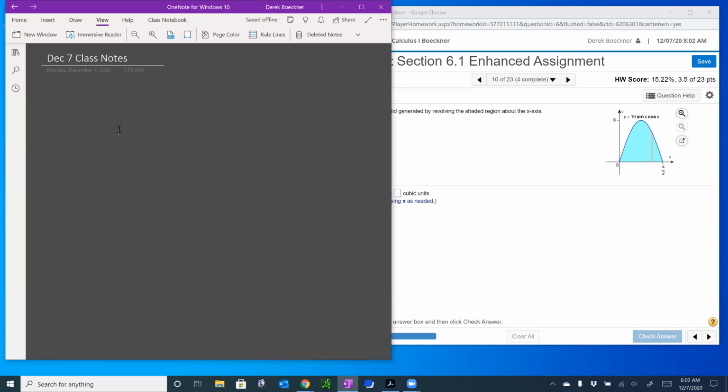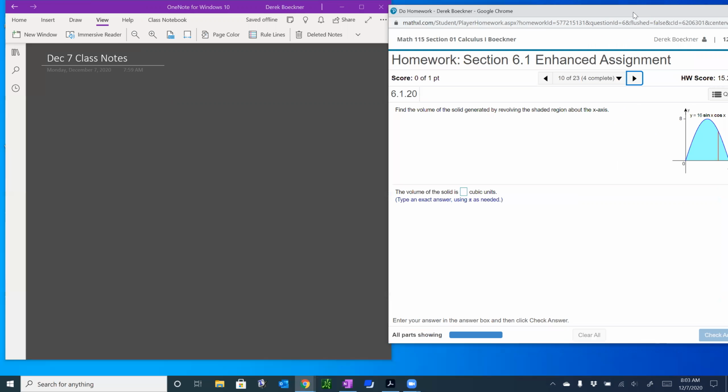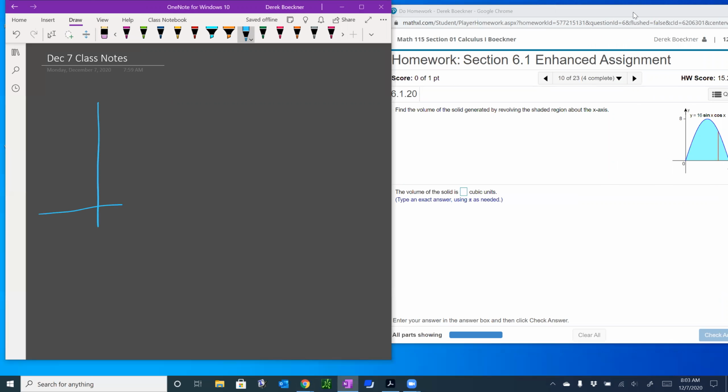That might make things easier. Okay, and we're going to take this shape and revolve it around the x-axis, which means you spin it all the way around.